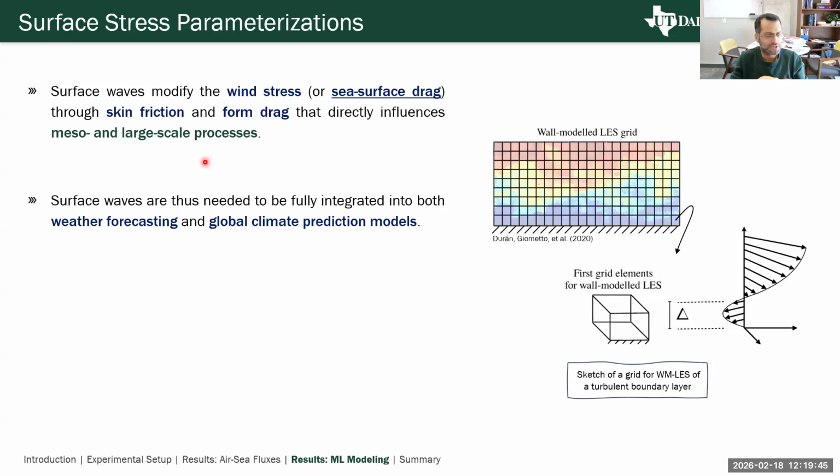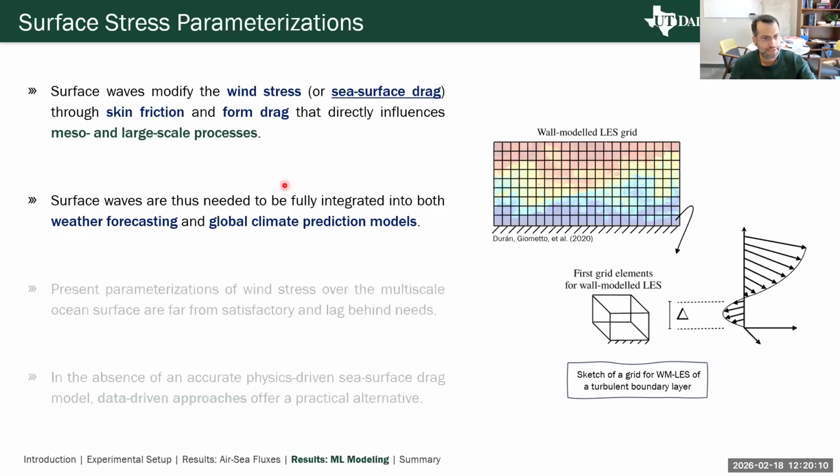So the skin friction is a component that is going to be very important at the surface. The other component is due to the pressure and the shape of the wave, which is called form drag. So the skin friction and the form drag summed together is called the total stress, and that is a parameter that is going to be used by large scale weather forecasting and global climate prediction models.